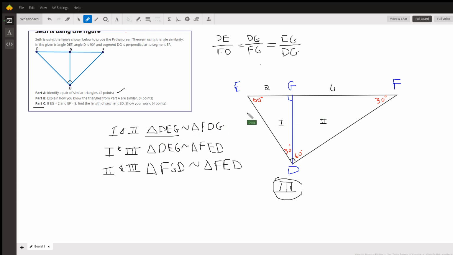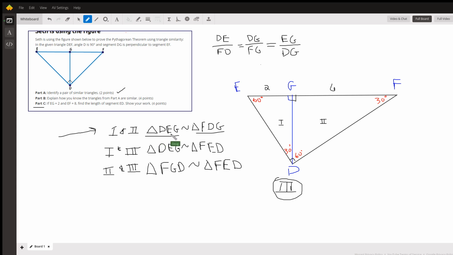So for example, if I call triangle 1 DEG, I've gone from the 30 to the 60 to the 90. So if I want to compare that with triangle 2, I've got to go from the 30 to the 60 to the 90. So that would be FDG. And once I've got those pair of similar triangles named, I can say corresponding sides are in proportion.